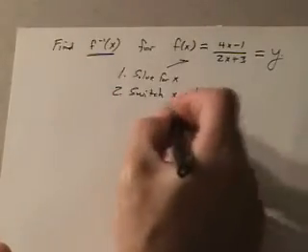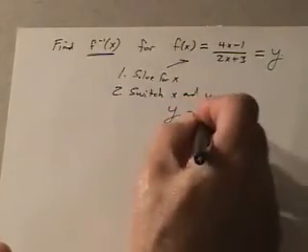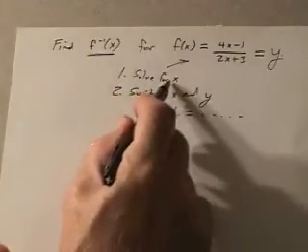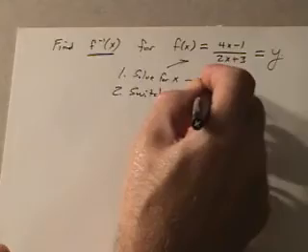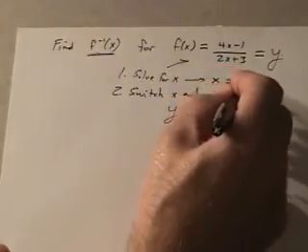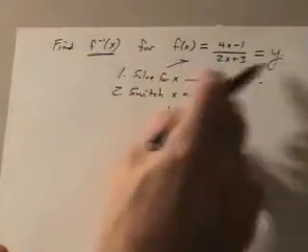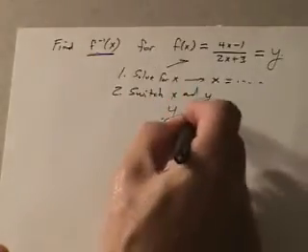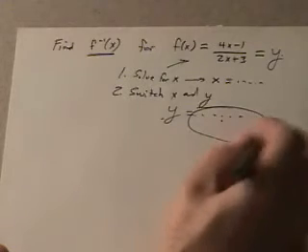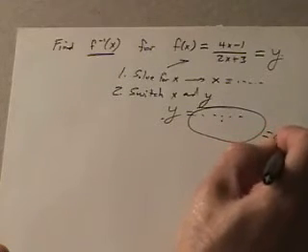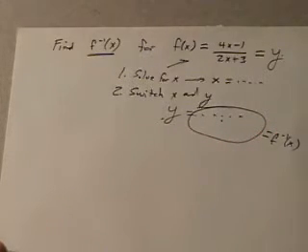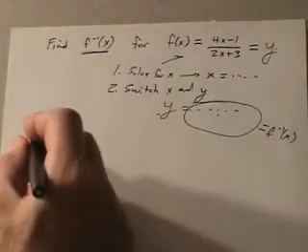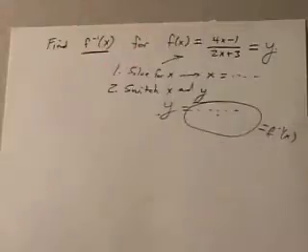And so you'll end up with y equals blah, blah, blah, after you've switched x and y, because when you solve for x, this leads to an equation that looks like x equals blah, blah, blah. When you switch x and y, it becomes y equals. And this stuff is the inverse. So let's see how that works in this case. Actually, let's do it in the really simple case, the example that I had a minute ago, and then we'll come back and do this one.